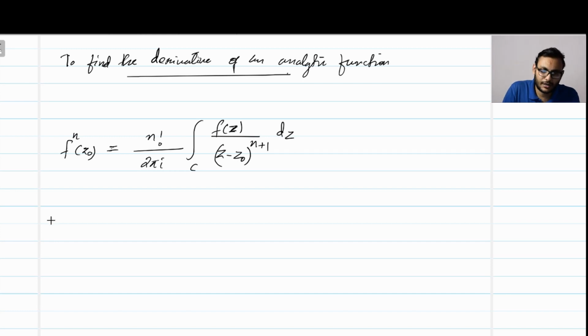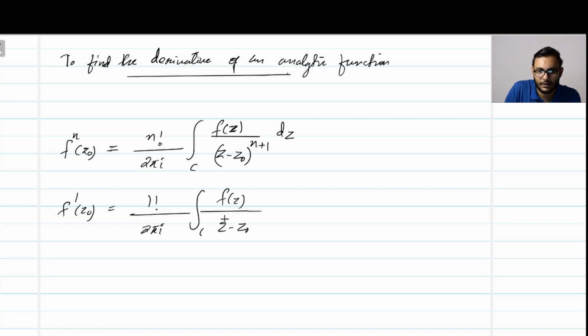So if we want to find the first order derivative of a function, how can we find it? That is 1 factorial divided by 2 pi I into integral C f of z by z minus z0 the whole raised to 2 dz.